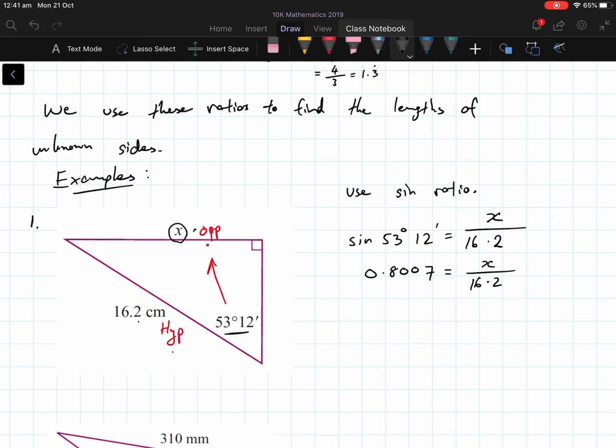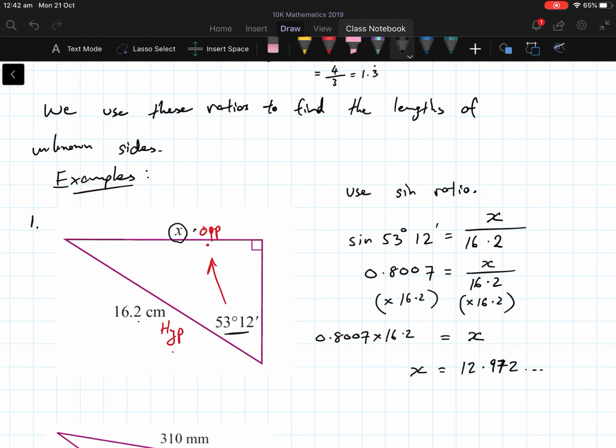Now what I need to do is get 16.2 out of the denominator, so I'm going to multiply both sides by 16.2. This is a pretty standard procedure that we need to do. So I'm going to get x on its own on this side, and on this side we're going to get 0.8007 times 16.2. If I multiply that using my calculator, times 16.2 equals, I get 12.972.